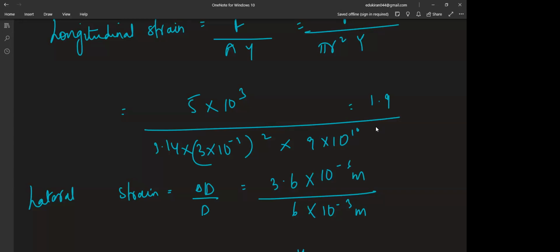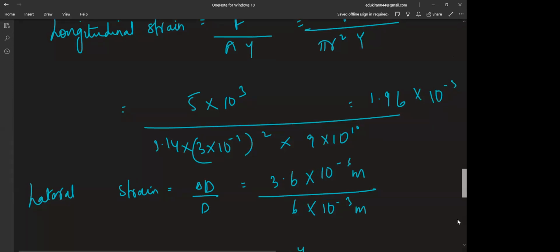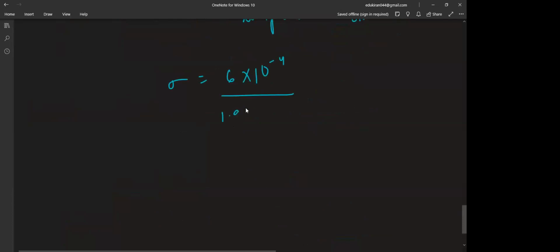When 4 is left, so 10 minus 4. You get 6 into 10 to the power 10 I had already taken from here. So 1 will be left, 26 cancelled. So minus 3 it should be. Please someone cross check. I've just done it orally. It might be wrong. So this will be 1.96 into 10 to the power minus 3.